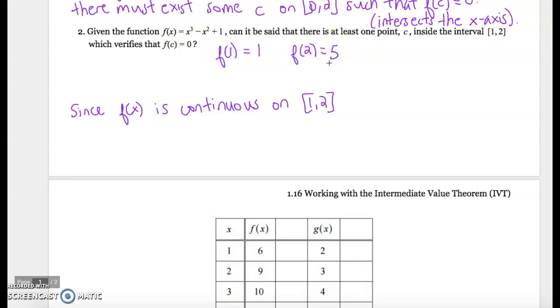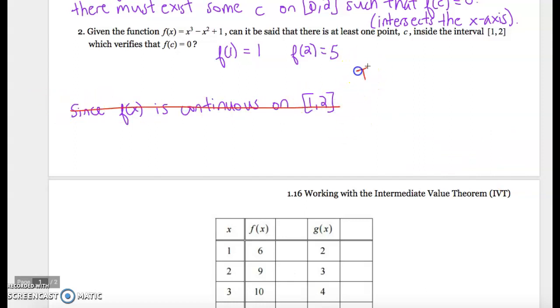Uh-oh. Neither of these surround 0. So to get from 1 to 5, my graph doesn't necessarily have to go through 0. So actually, we can't use the intermediate value theorem here.